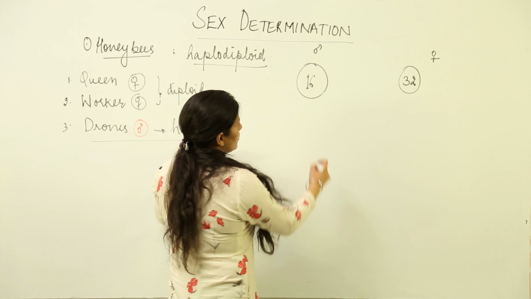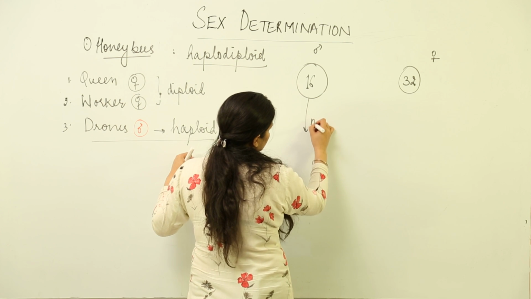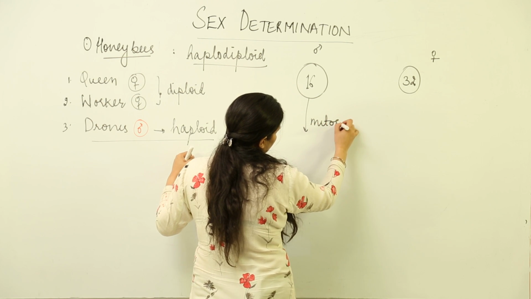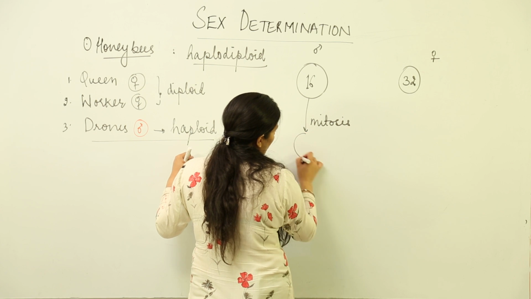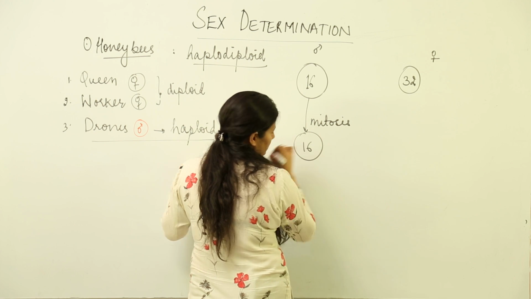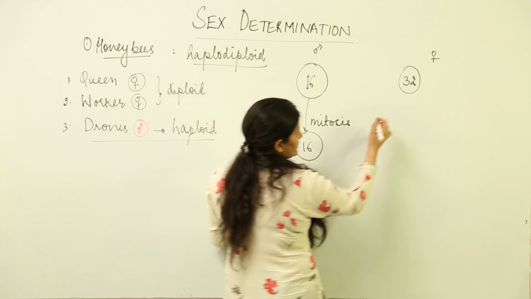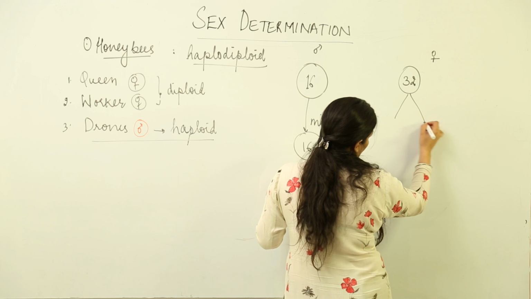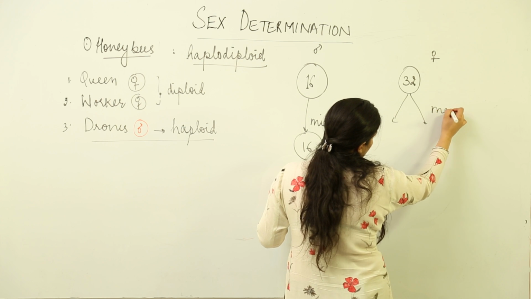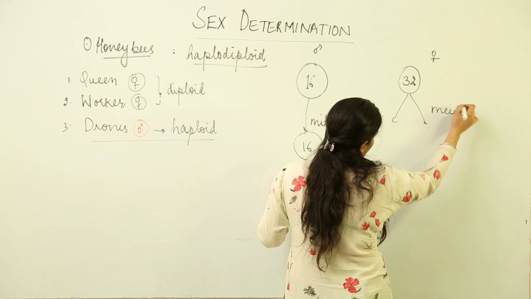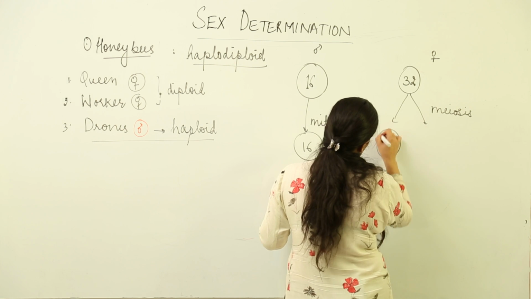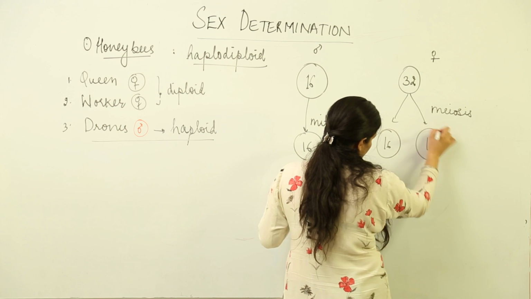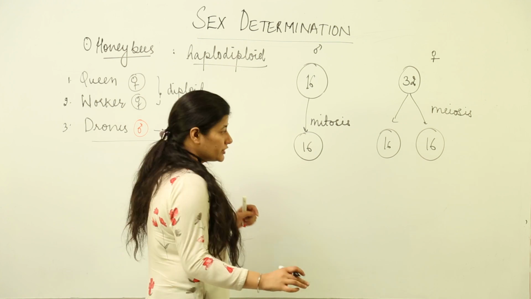Now the male undergoes mitosis and forms the gametes, certainly, right? And the female undergoes meiosis. This would also form gametes, right? This is what it means.